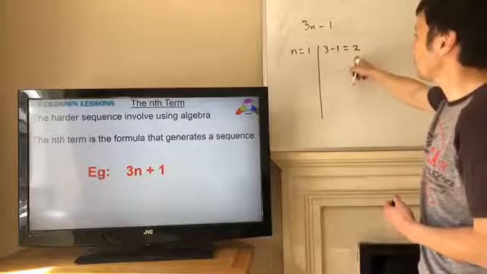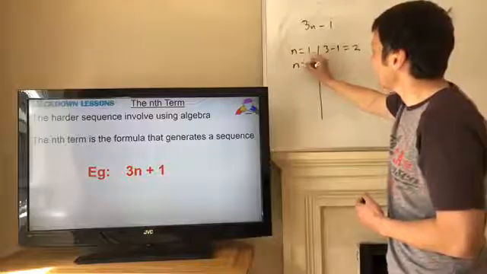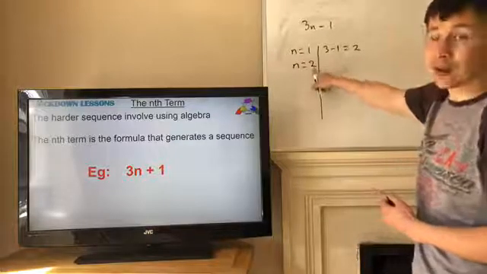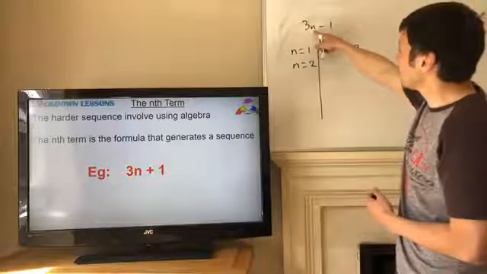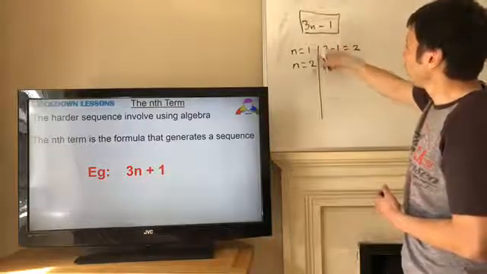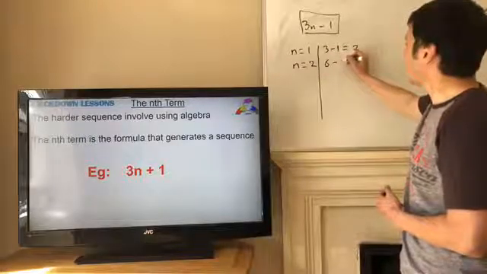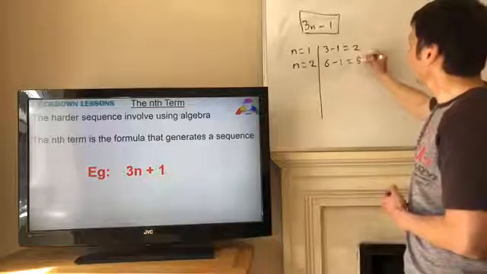That's my first number. For my second number, I'm going to say that n equals 2, 2 for second. So I put this in. This time, in the same sequence, n is 2, so 3 times 2 is 6, minus 1 gives me 5.